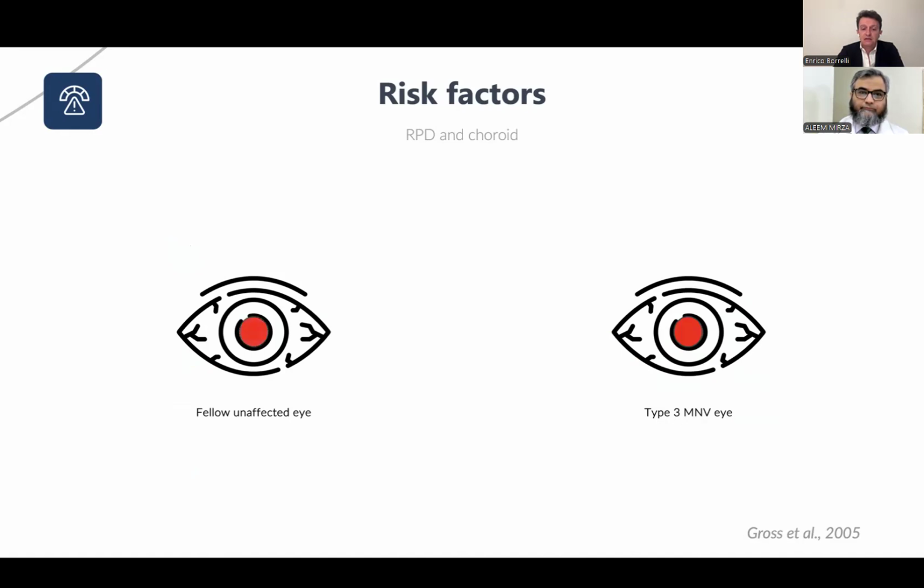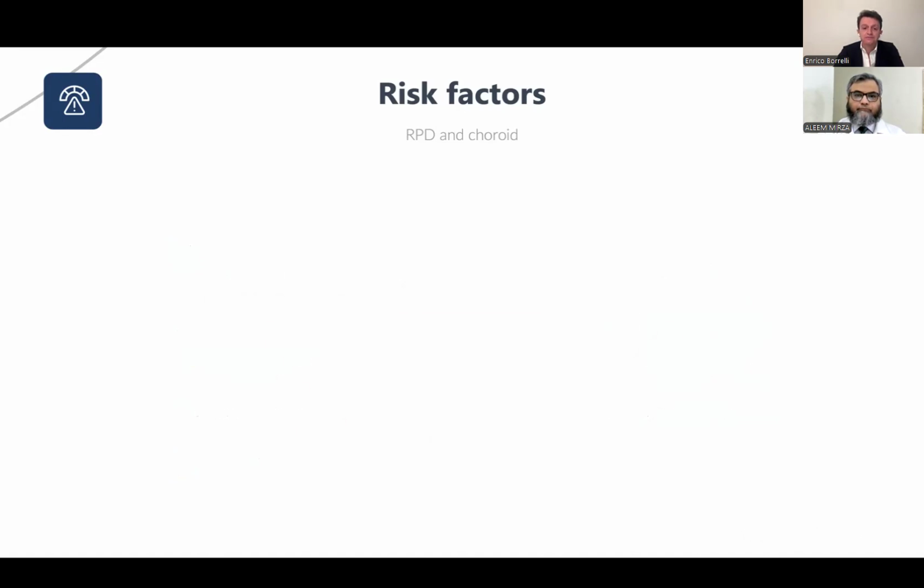In these cases, 40% of patients develop type 3 MNV in the fellow eye within 1 year, 56% within 2 years, and almost all patients within 3 years after the development of unilateral type 3 macular neovascularization.